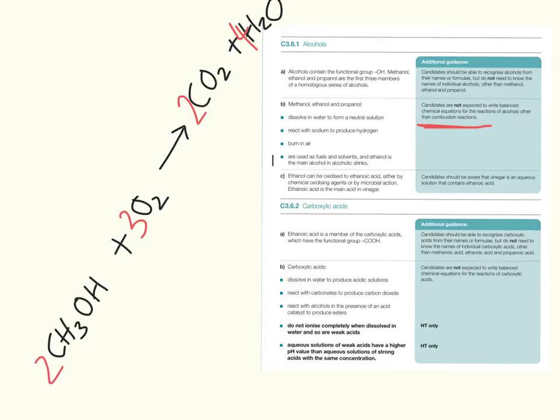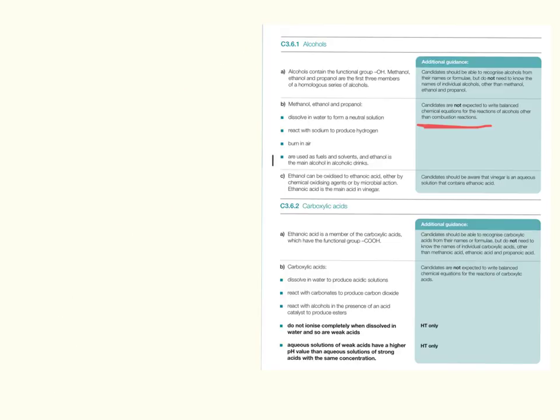The final reaction that you need to know about is that of ethanol, and the fact that it can be oxidised to make ethanoic acid. And it says here by either oxidising agents or microbial action.